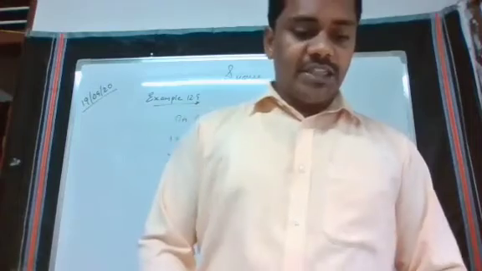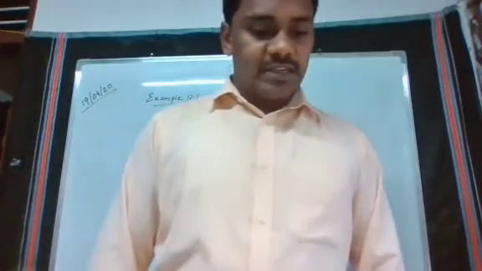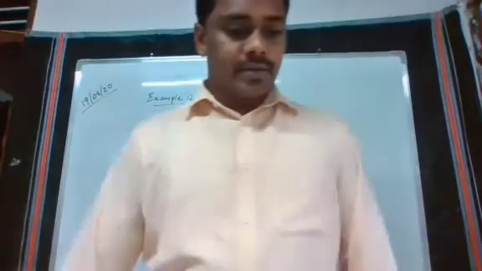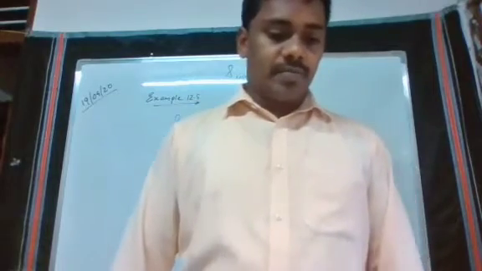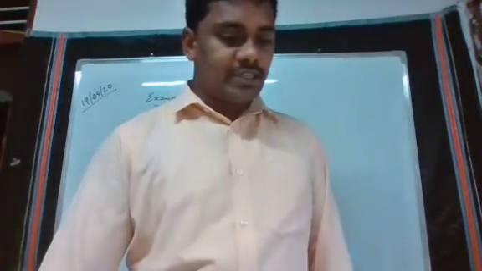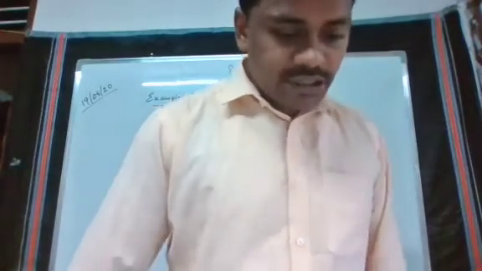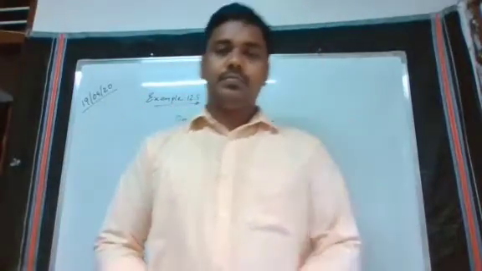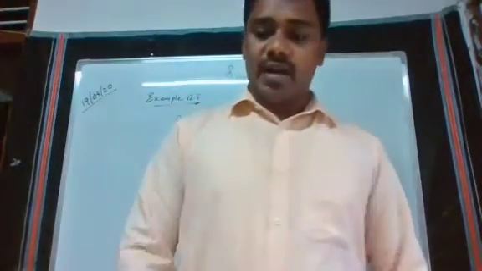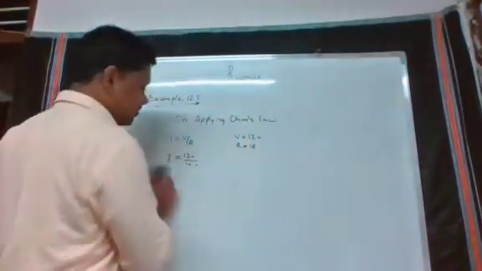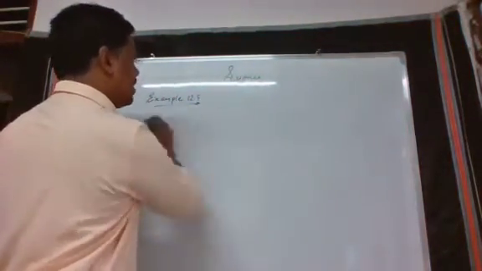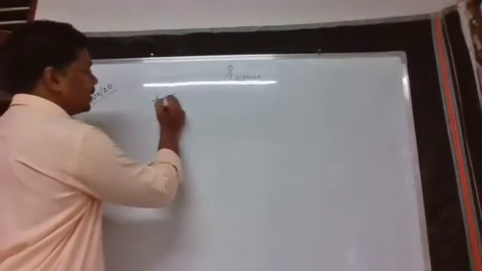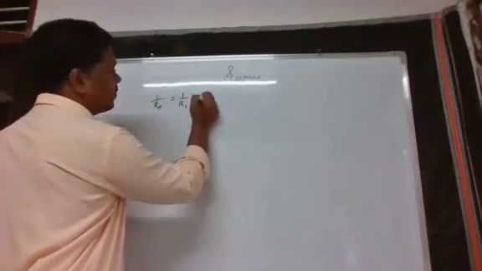Judge the equivalent resistance when the following are connected in parallel: A, 1 ohm and 10 raised to 6 ohm. B, 1 ohm, 10 raised to 3 ohm and 10 raised to 6 ohm. So the answer: to solve resistors in parallel, we have the equation 1 by Rp is equal to 1 by R1 plus 1 by R2 and so on.